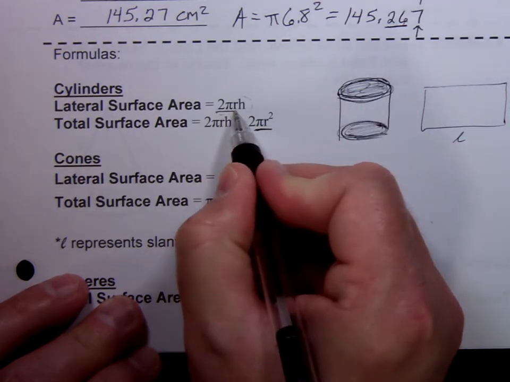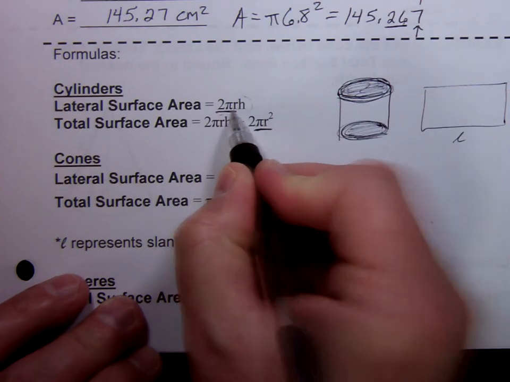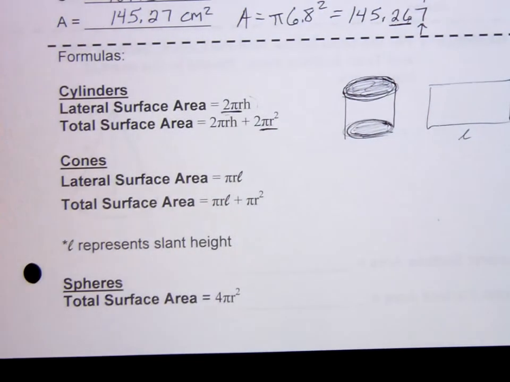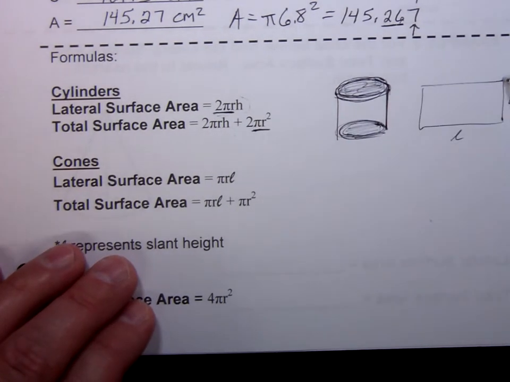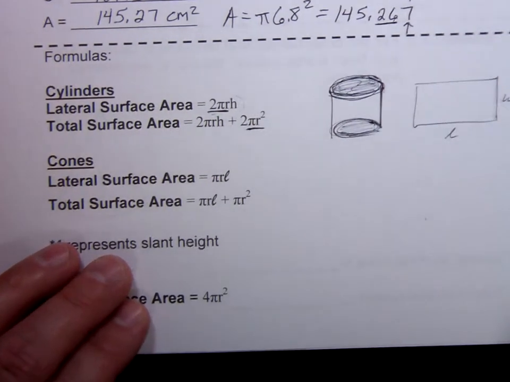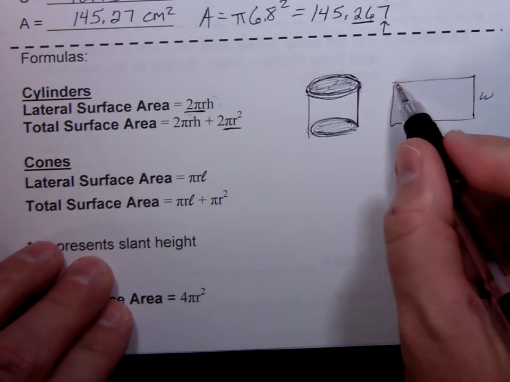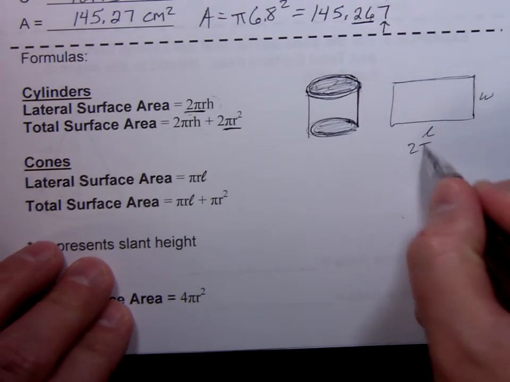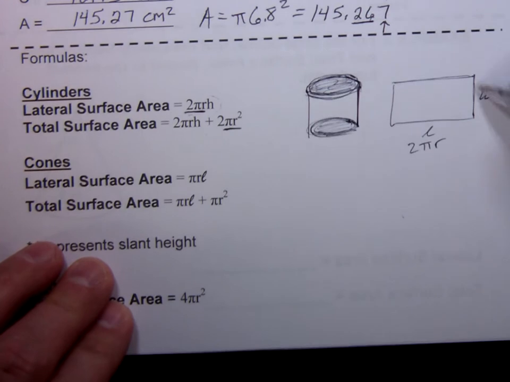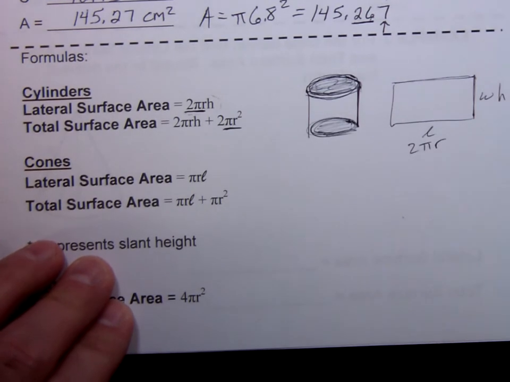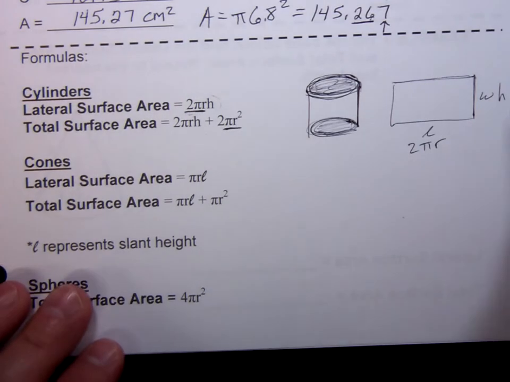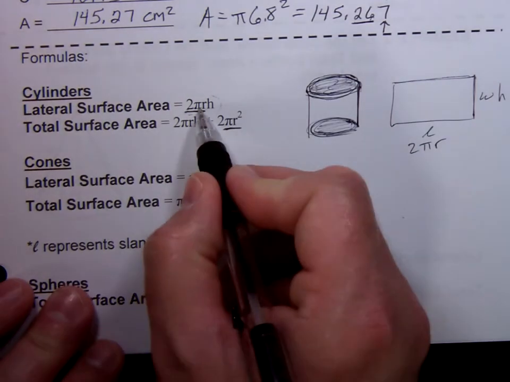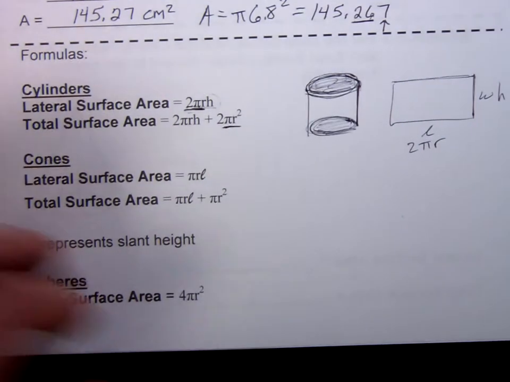You might recognize 2 pi r was the formula for circumference of a circle. And then the height of the cylinder would be like the width of the rectangle. So the circumference, 2 pi r, is the length, and the width is the height of the cylinder. And so that's where that formula comes from. You get 2 pi r times h, and that gives you length times width of that rectangle.